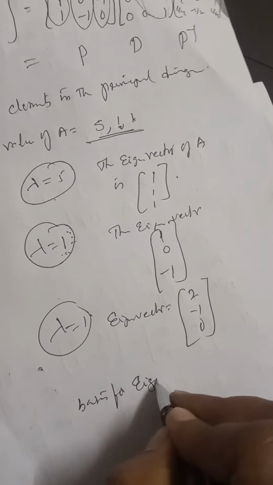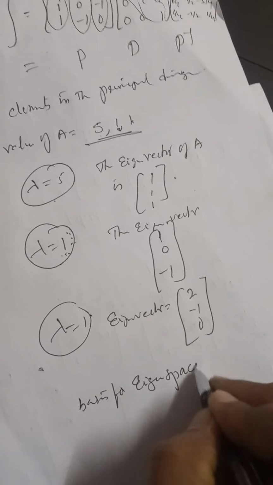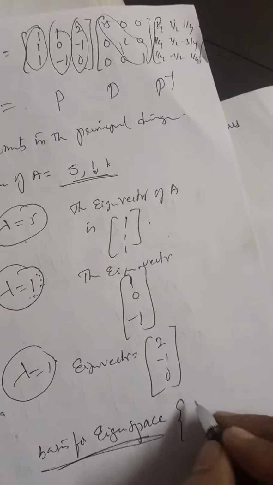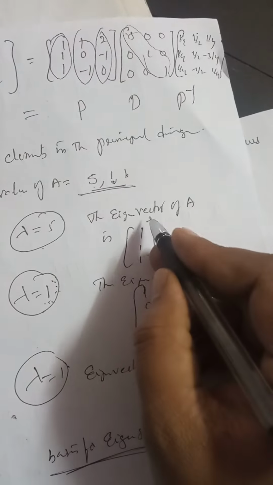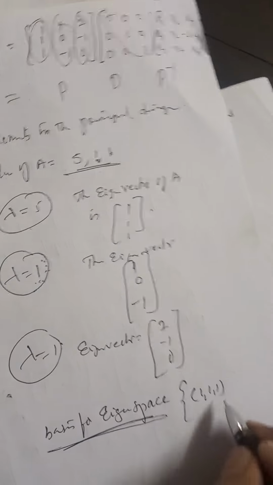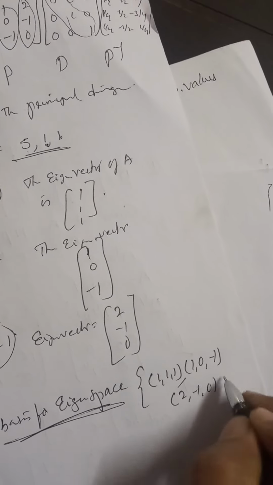Therefore, the basis for the eigenspace: now you have to write these vectors, 1 1 1, which we wrote in vertical order, now in horizontal order. The second is 1 0 minus 1. The third one is 2 minus 1 0.